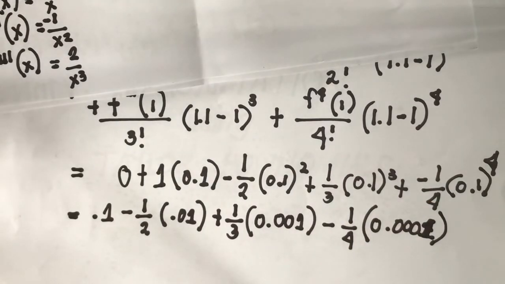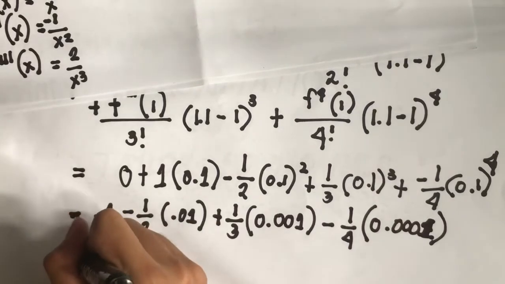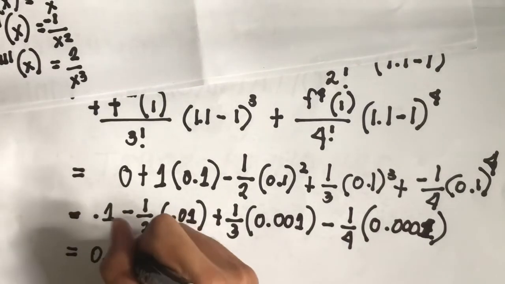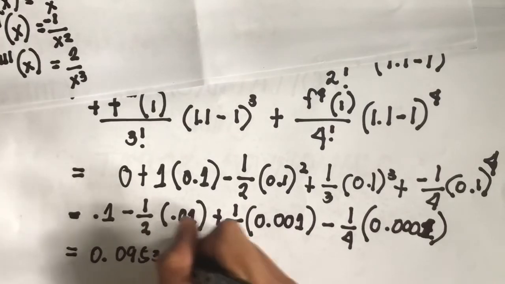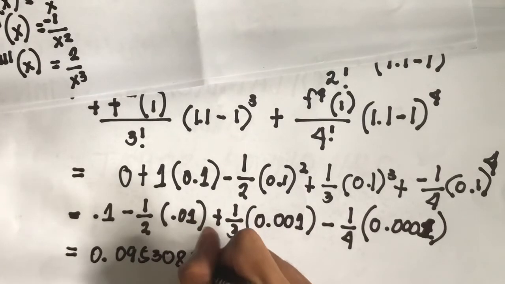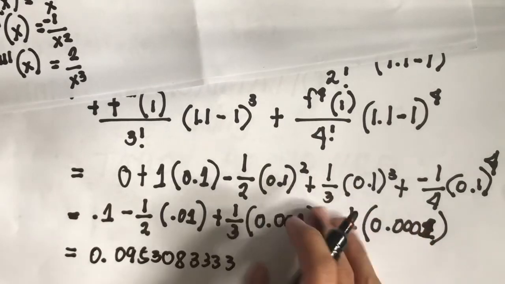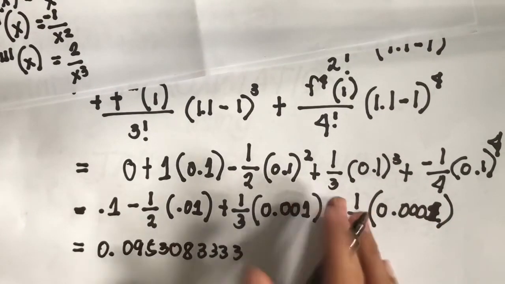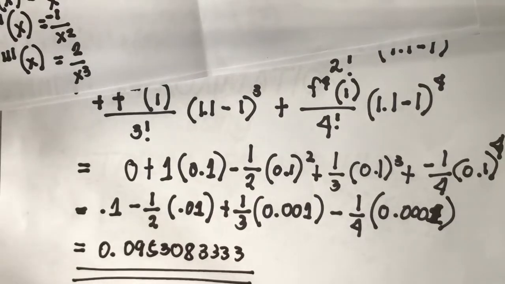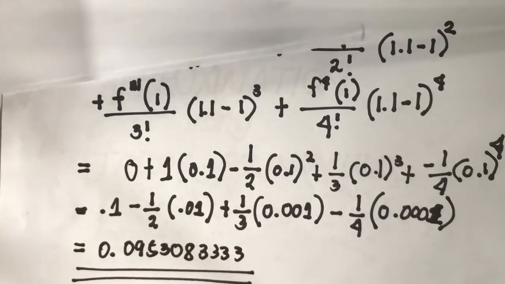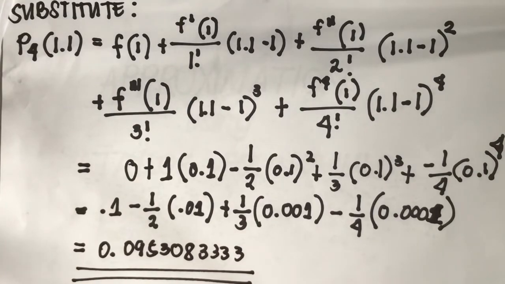Alright, if we calculate this, the answer would be 0.0953083333. Okay, so that would be our answer for the approximated value of the given question.